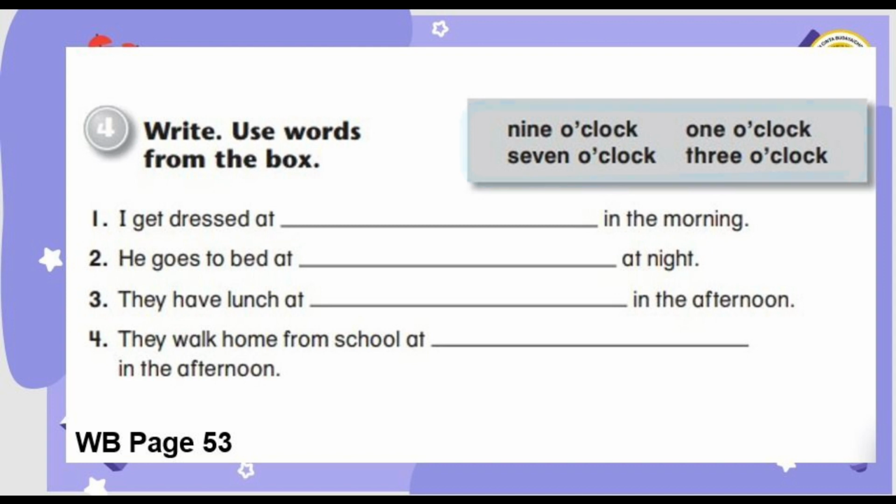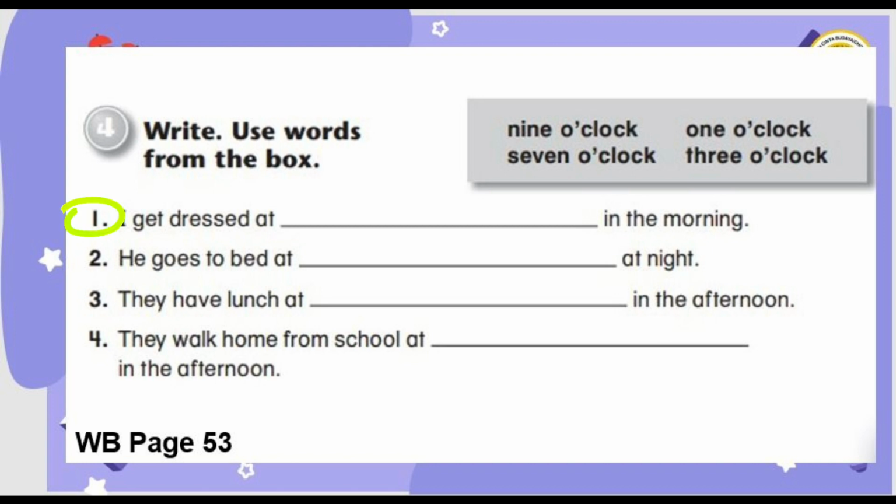Selain itu, kamu perlu memperhatikan keterangan waktu pada masing-masing nomor. Seperti nomor 1, in the morning, di pagi hari, at night, di malam hari, in the afternoon, pada nomor 3 dan 4 yang artinya sore hari. Nah, dengan keterangan waktu tersebut akan memudahkan kamu untuk memilih jam yang tepat untuk melengkapi latihan 4.